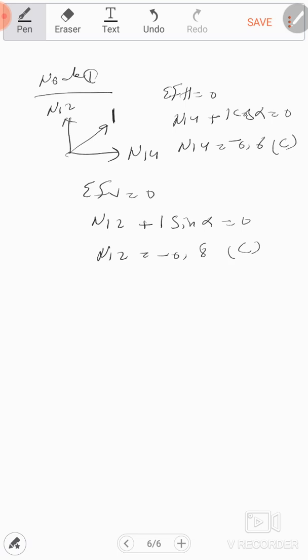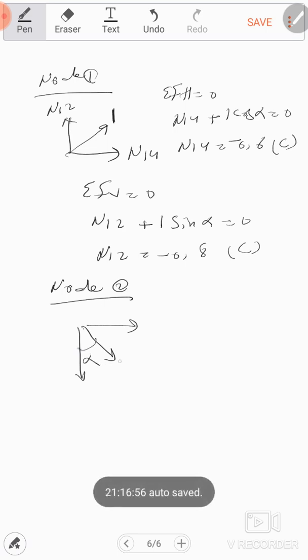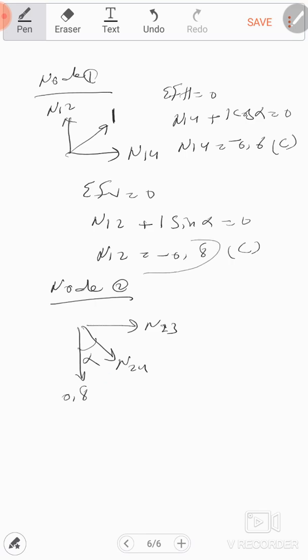Then go to node number 2. This is N24, N23. This is 0.8, this value. Tan equal 3/4.